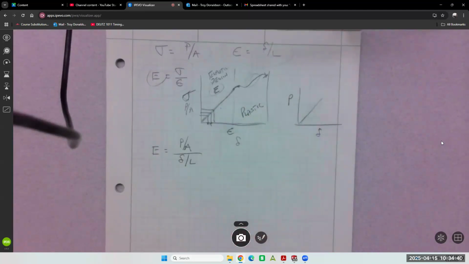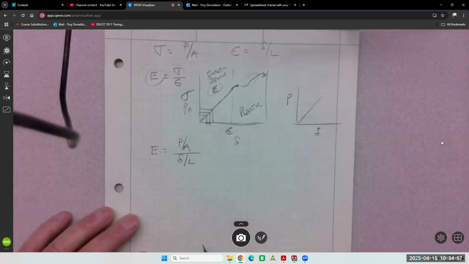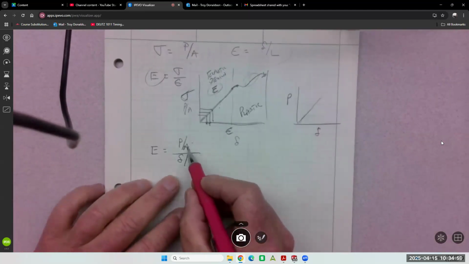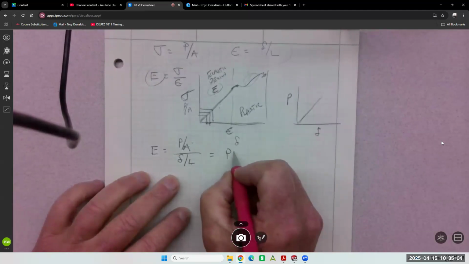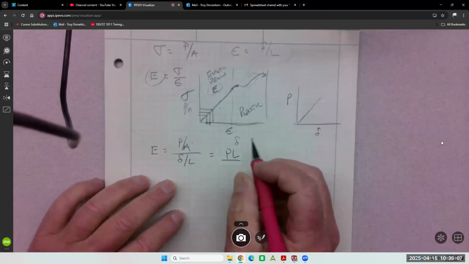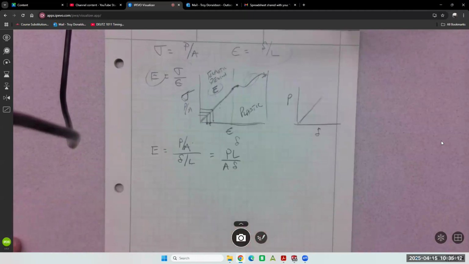Again, because they're all kind of related, we can make a nice big formula that has pieces. That's actually very common. So let's fix it because it's really weird looking. L moves to the top, A's down below, delta's down below. So a little bit of algebra goes PL over A delta. That was just algebra.